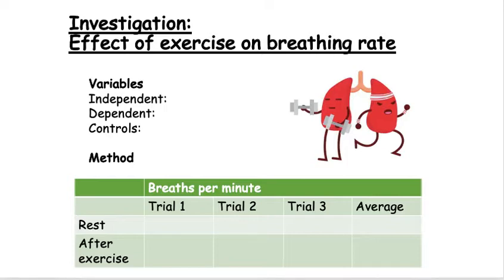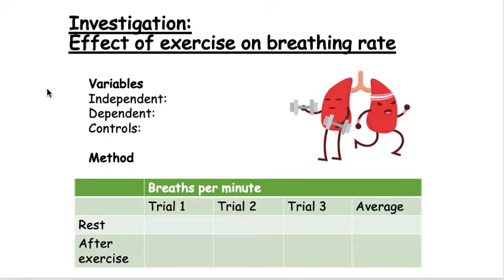Here we're going to introduce some words to you. The first one is a variable. A variable is something that you change in an experiment. So in this experiment, to investigate how exercise affects your breathing rate, you are going to change something. And the thing you're going to change is the level of exercise you're doing.